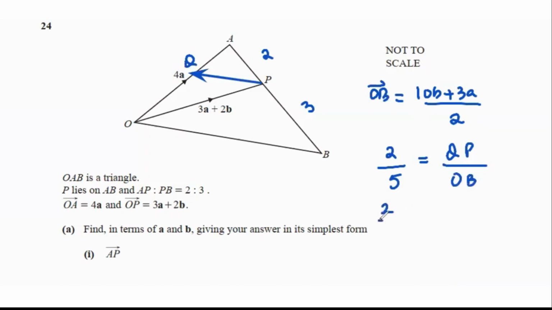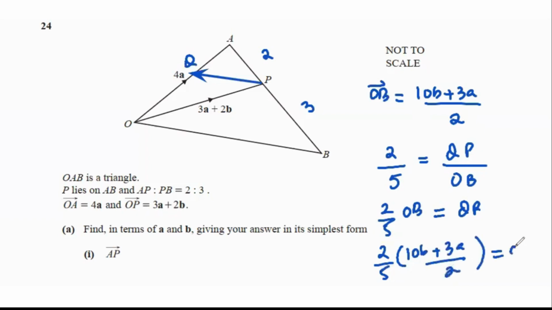So 2/5 of OB is your QP, which is 2/5 times 10b plus 3a over 2, and that is 1/5 times 10b plus 3a. So this shows that QP and OB are parallel.